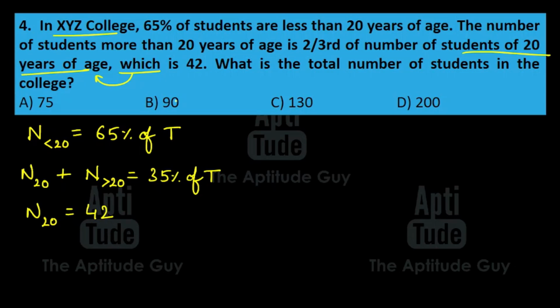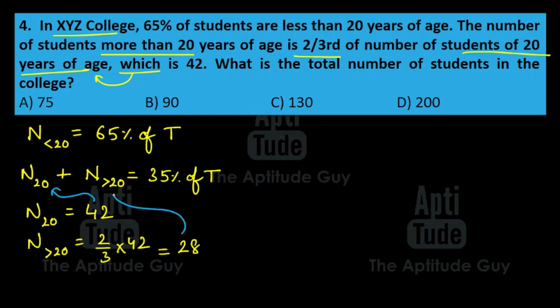Done. So the number of students more than 20 years of age is 2/3 of that number. Alright. Number of students more than 20 years of age is 2/3 of that number, which is 42. This is equal to 28. Now it becomes very simple. Of course, substitute this over here and substitute this over here.